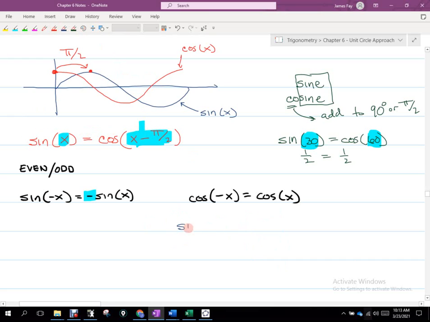I'm going to say sine of x equals the cosine of x minus pi over 2, and I'm going to manipulate the right-hand side. As you work through algebra courses, you learn this type of manipulation.